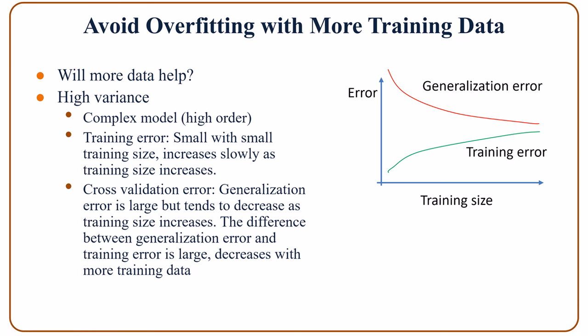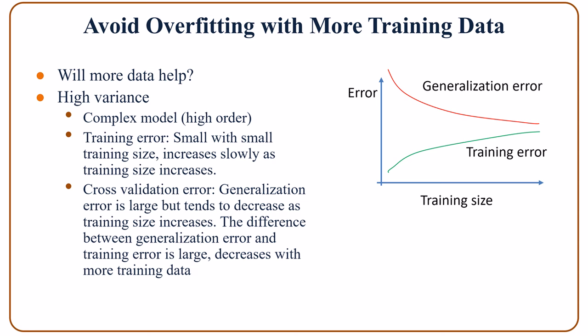How about the case of a high variance model? In this case, we have a complex model. Let's take a look at the training error and the cross-validation error to see how they look. The training error is small with small training size and then increases slowly as the training size increases.